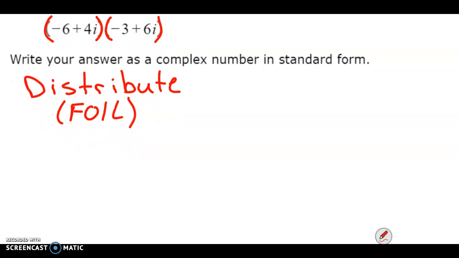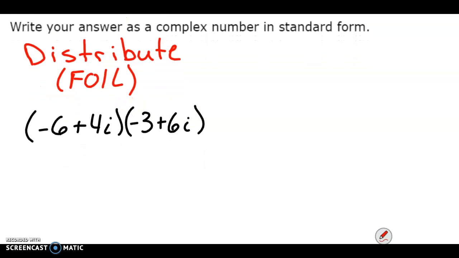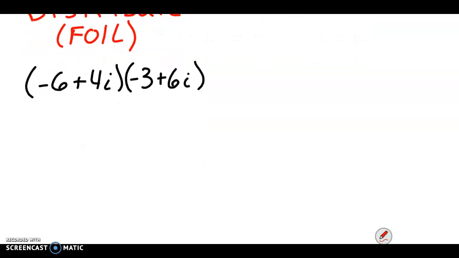So we've got -6 plus 4i times -3 plus 6i. And we're just going through this in that FOIL order. We're distributing each term from the front with each term from the back. So first is going to be that -6 times -3, which is going to be a positive 18.